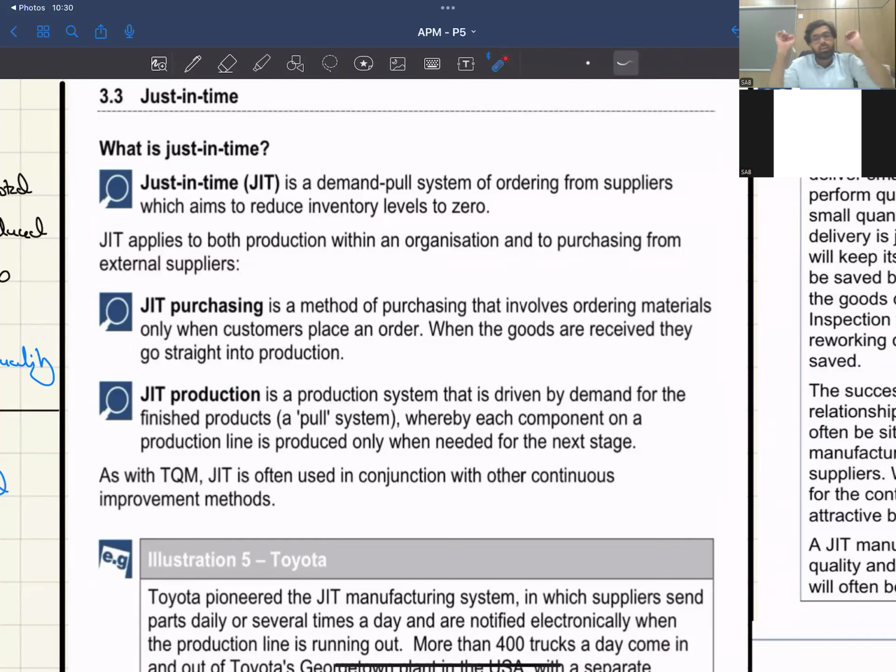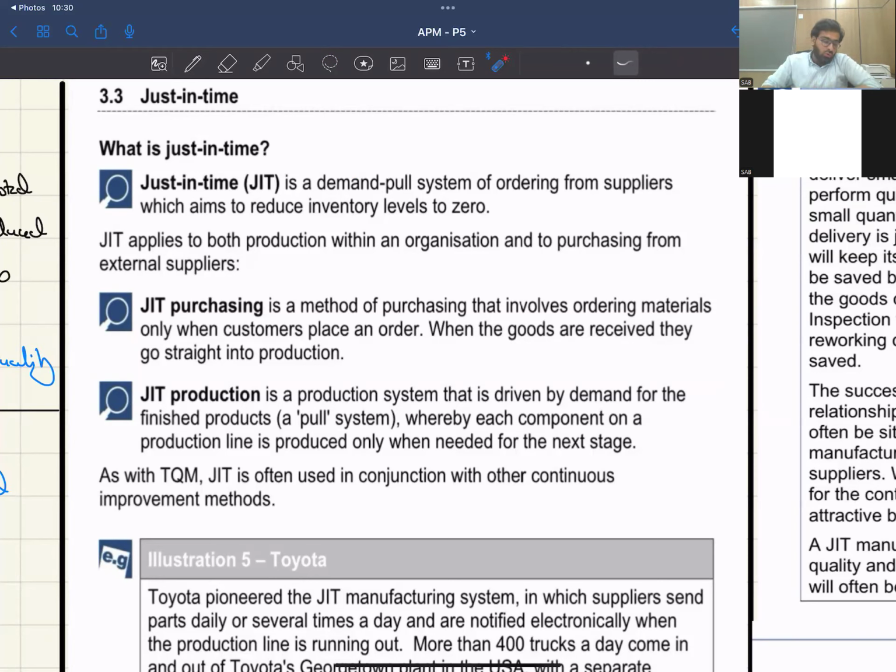We are not looking forward to keeping any particular product in our inventory. We just want one thing: once we get the order, we make the product, right?